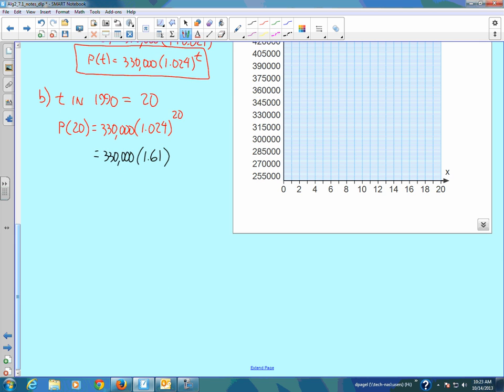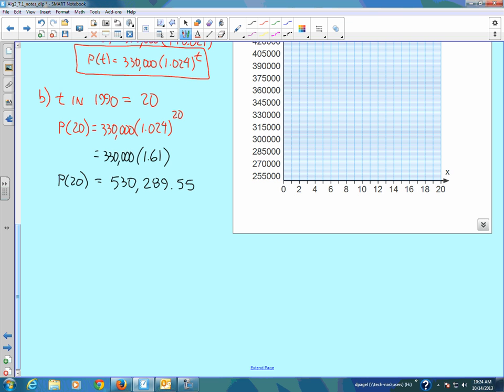And then that number gets multiplied by 330,000. And so that means, for this particular problem, in Kern County, the population after 20 years, if we were growing at 2.4% annually, we'd have 530,289.55 people.